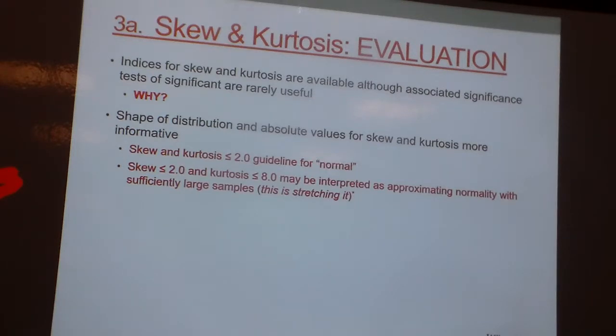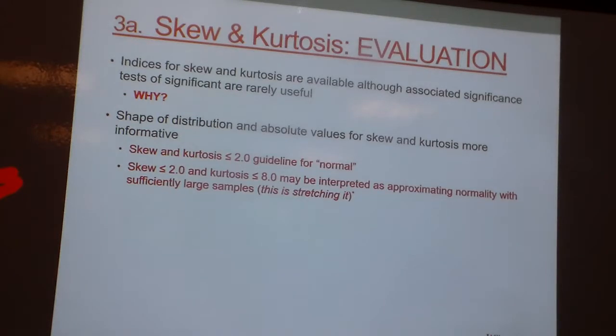Kurtosis values, again, Klein has a reference saying that a kurtosis of less than 8 approximates univariate normality with large enough samples. This is a hard package to sell to reviewers if you say, oh, my data is approximately univariate normal because I have kurtosis values of 7.